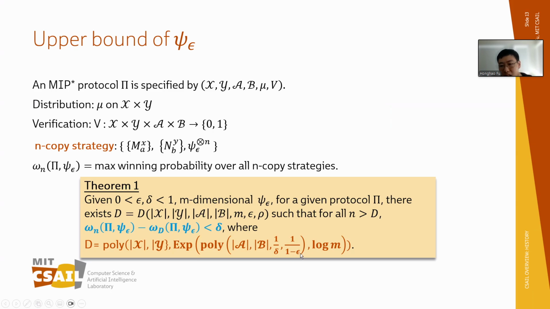So if 1 minus epsilon is inverse polynomial, then this upper bound is going to blow up and you get a larger class. It means if you have very, very small noise, then it is still a little bit useful. But if the noise is a small constant, this is not useful at all.